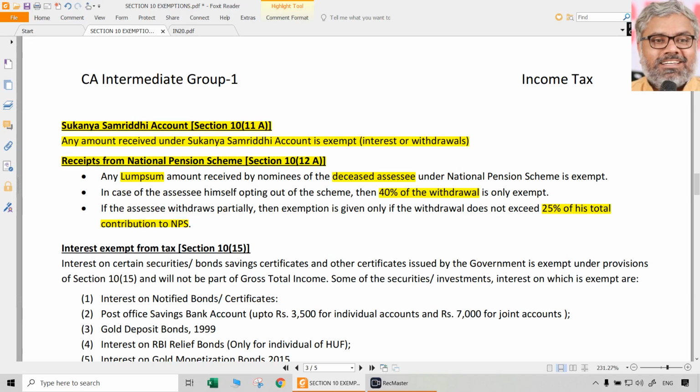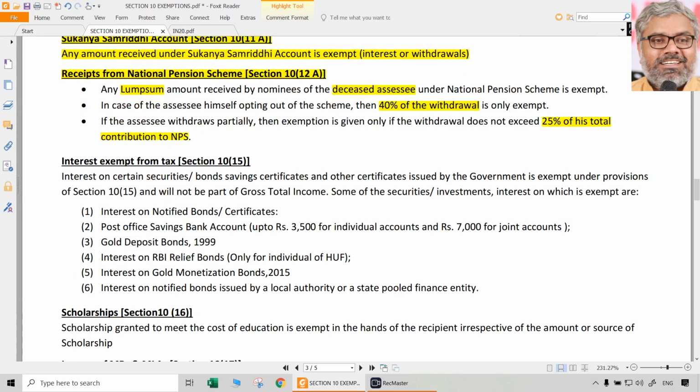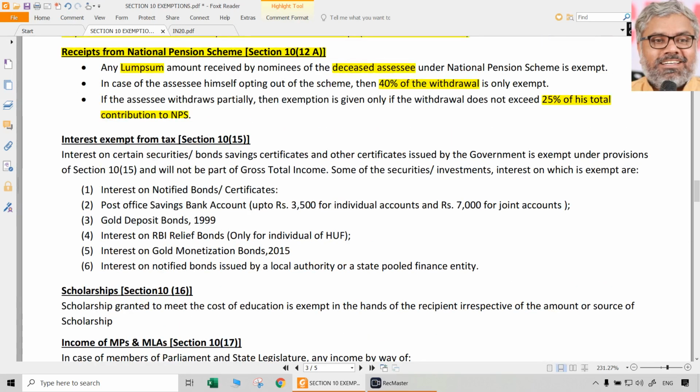And if the assessee is not opting out, he is only withdrawing partially, he is continuing in the scheme, but he just wants to withdraw, then up to 25% only it is exempt. That means if the withdrawal is up to 25%, then only the exemption of section 10(12A) applies. That is receipts from National Pension Scheme, very special situation for few people who have contributed to this NPS.